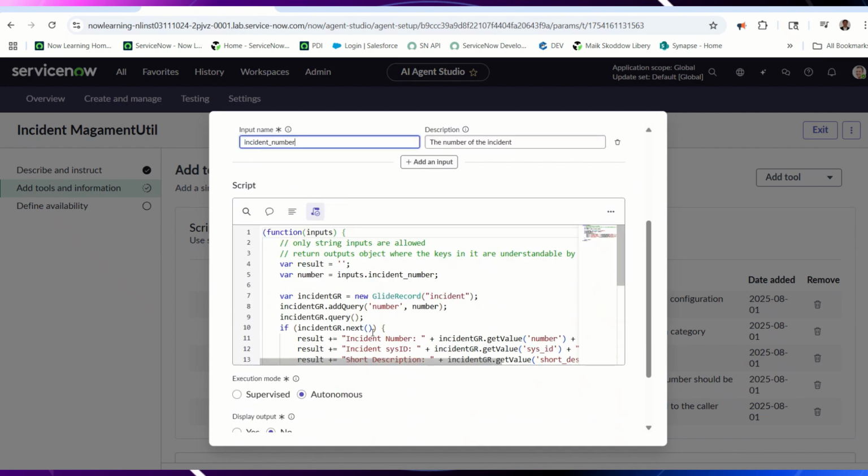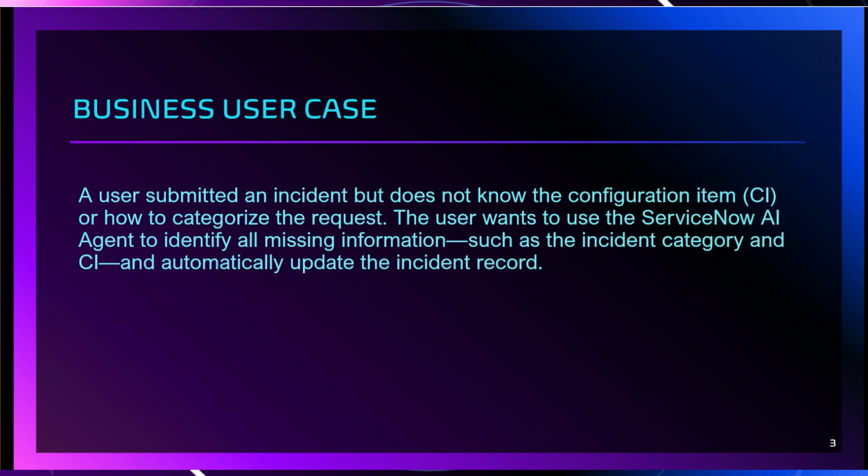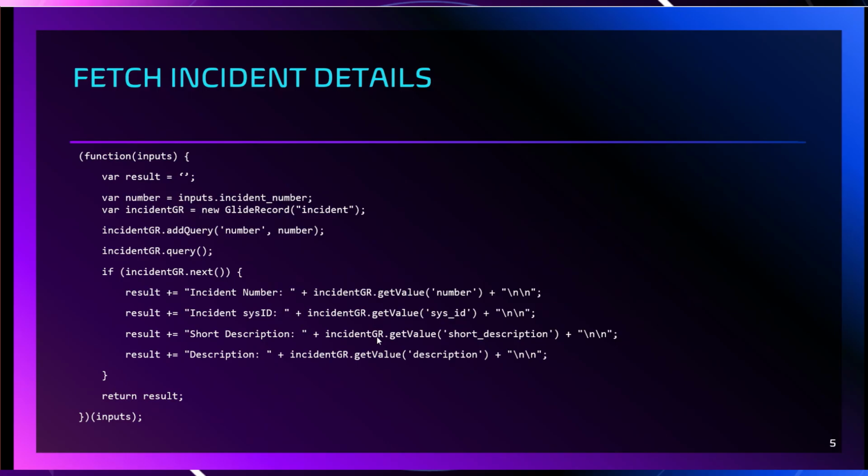Then I have the script. I'm going to look at the script in more detail in the slides. Give me a second. Here, the script in more detail. The fetch instance details. You can see we defined the input. You give the input, the instance number, that's why we declared the input variable, and we create a GlideRecord called instance and query to find the record.